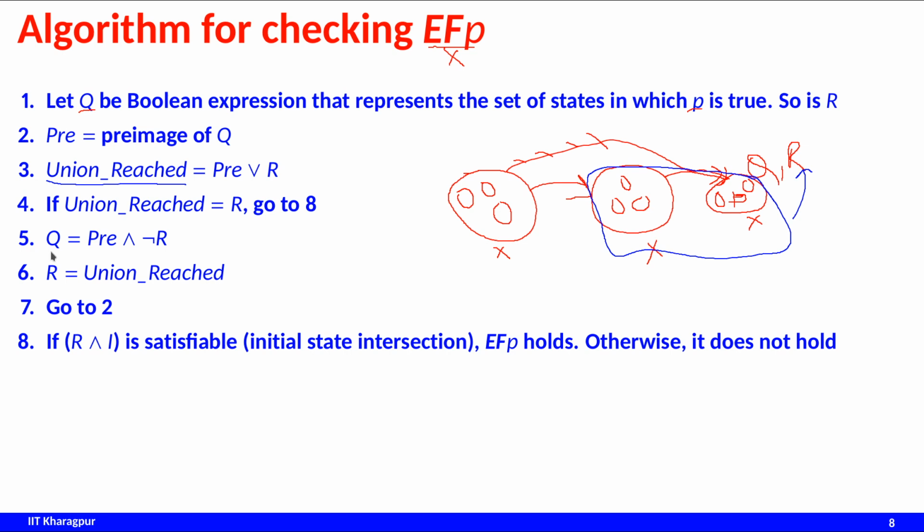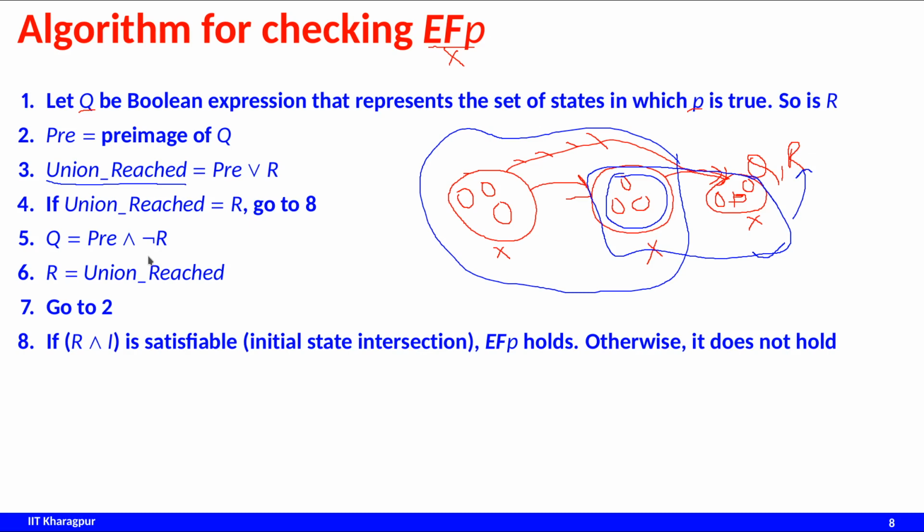What we do is find out the new q now, and this new q will be the set of states that we want to figure out, which will be nothing but pre and not r. So not r will encompass all of these states, and this r will be updated with this set of states, and it will keep on repeating.